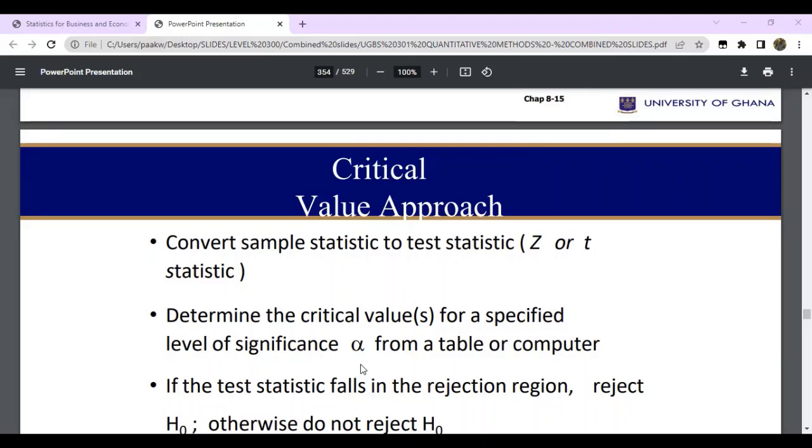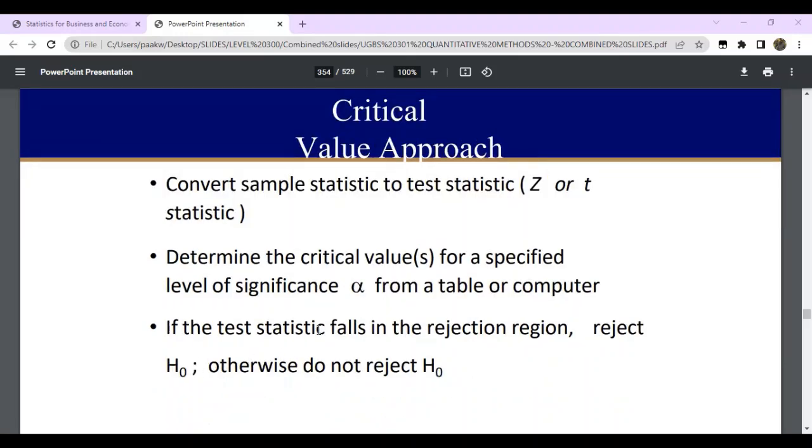So if the alpha is 0.05, you go to your distribution table, that's your Z table, then you search for 0.05, then you trace it to the top and to the left to get your critical value. If the test statistic falls in the rejection region, reject the H naught, otherwise do not reject it.